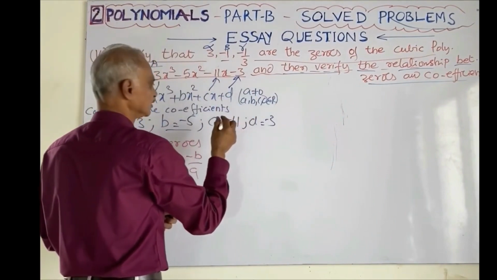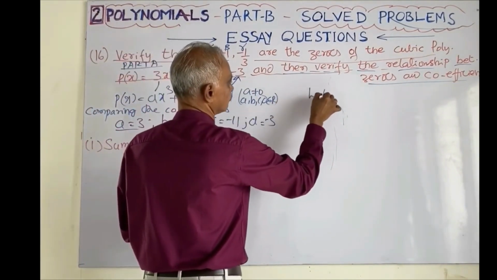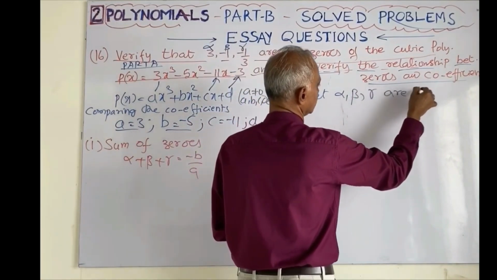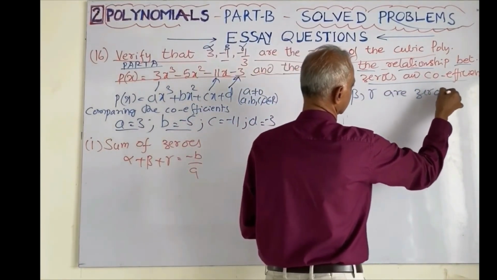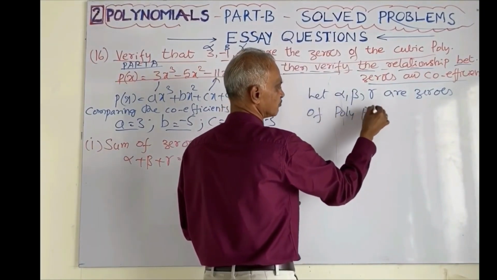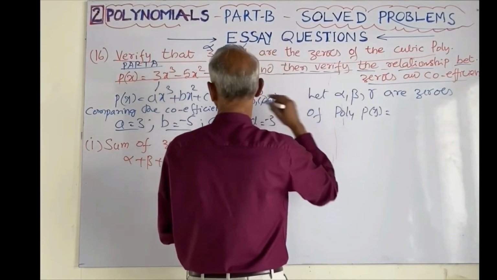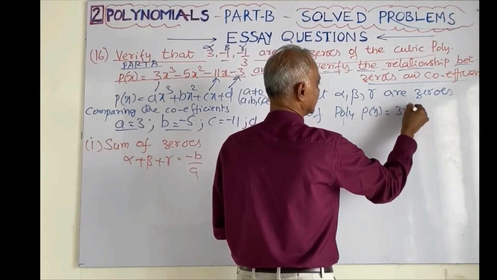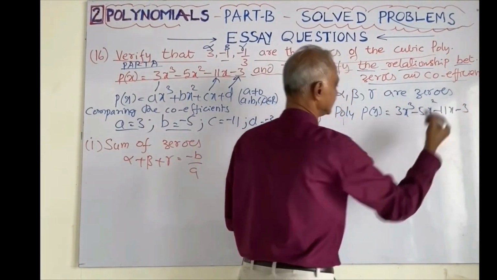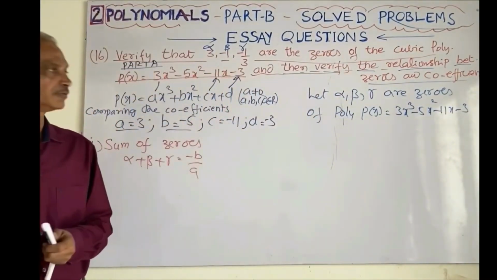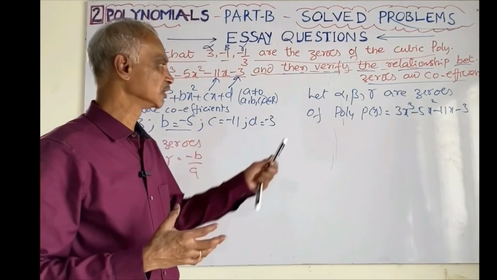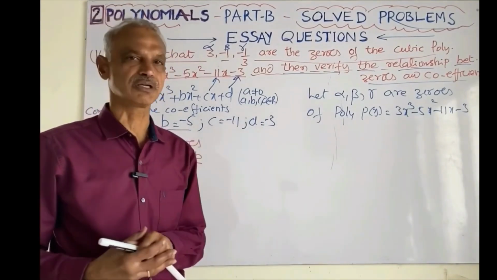We have to write: let alpha, beta, gamma be zeros of polynomial p of x is equal to 3x cube minus 5x square minus 11x minus 3. We have taken alpha, beta, gamma as zeros of this given cubic polynomial.